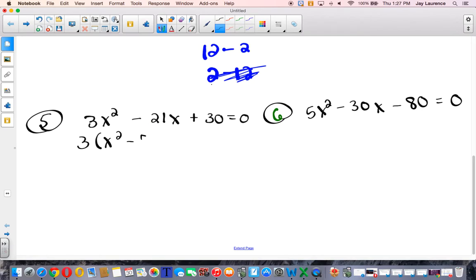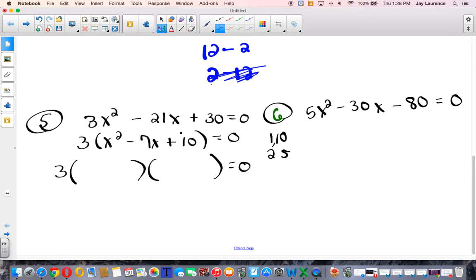X squared minus 7x plus 10 equals 0. And now we have to factor inside of here. Now that 3 is going to stay out front. We're going to get two quantities. And I need two factors of 10 that add to get 7. Well, I'll list the factors for you. I don't really need to do it, but to help you out, I'd be more than happy to.